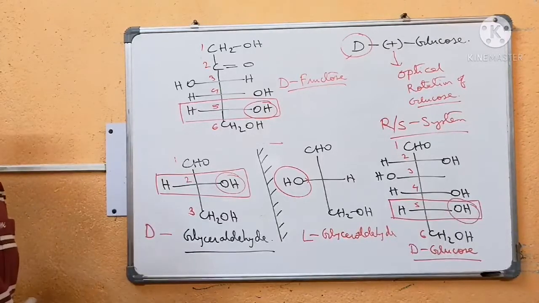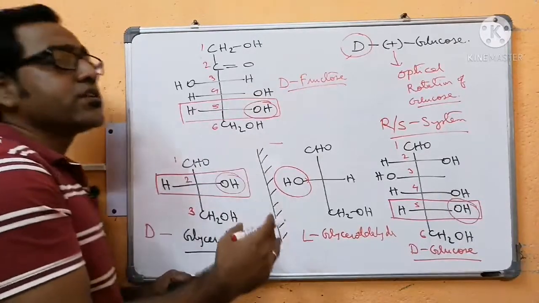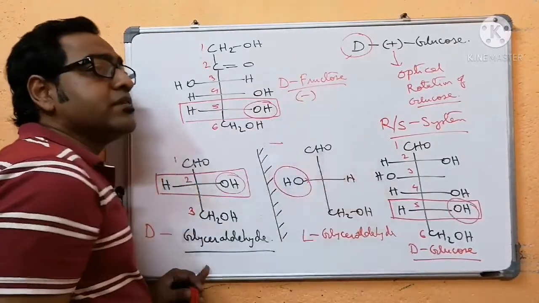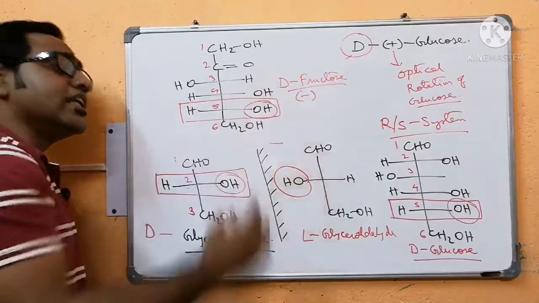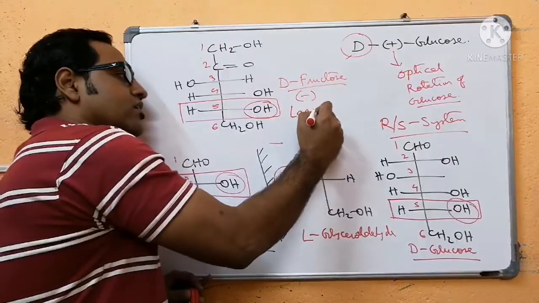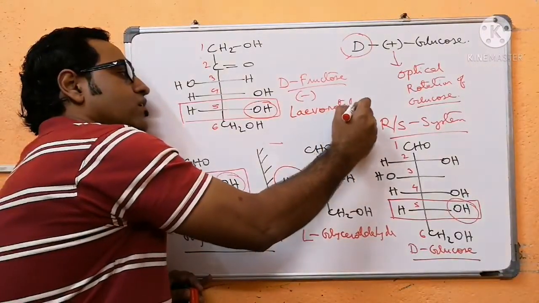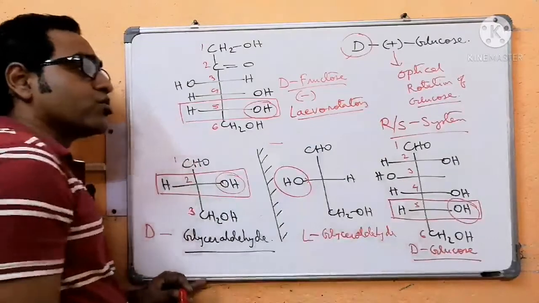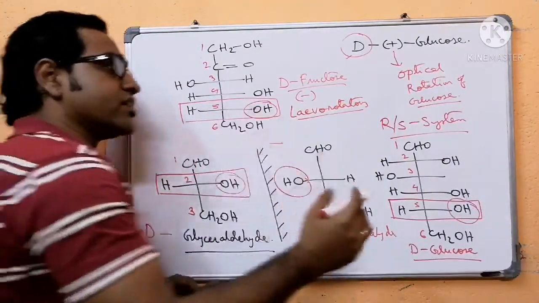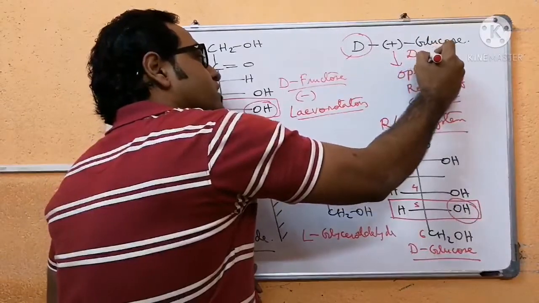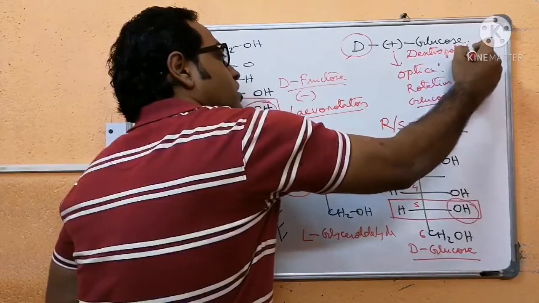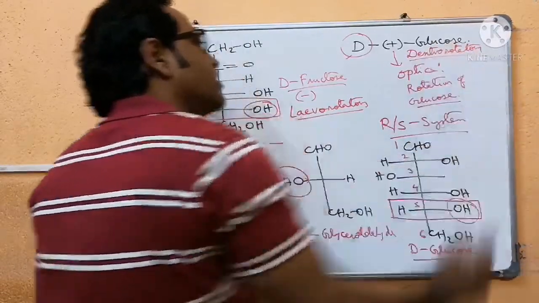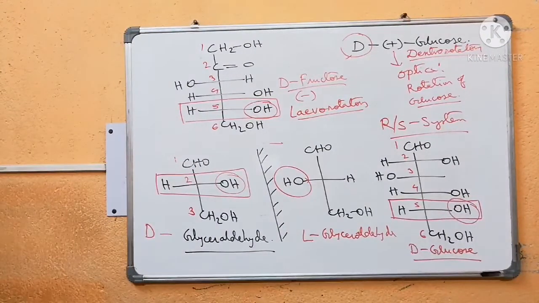Fructose is D-minus fructose, because it rotates the plane polarized light to the left, hence it is levorotatory, whereas glucose rotates it to the right, hence it is dextrorotatory.